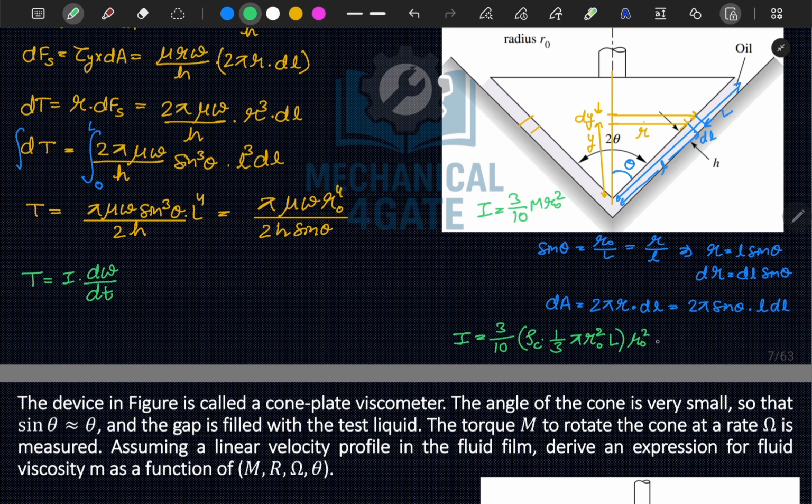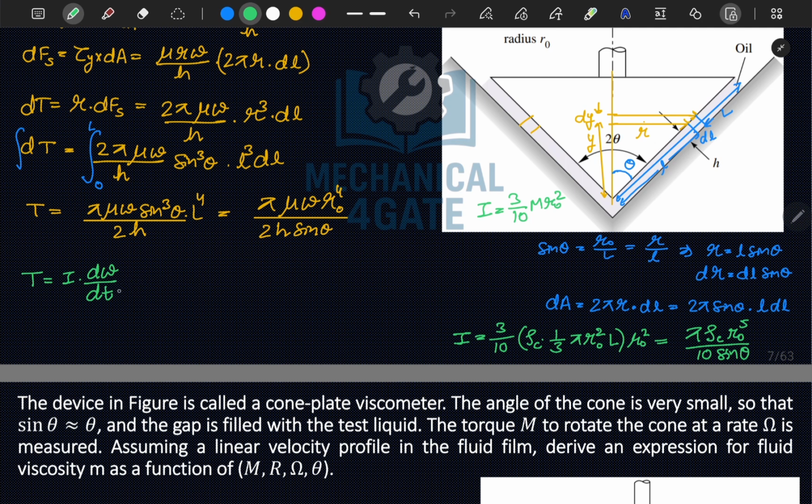So I can write it as pi rho c r naught to the power, I can substitute L is equal to r naught by sin theta here also, so this will become r naught to the power 5 divided by 10 times, and sin theta will be left here. This is I.